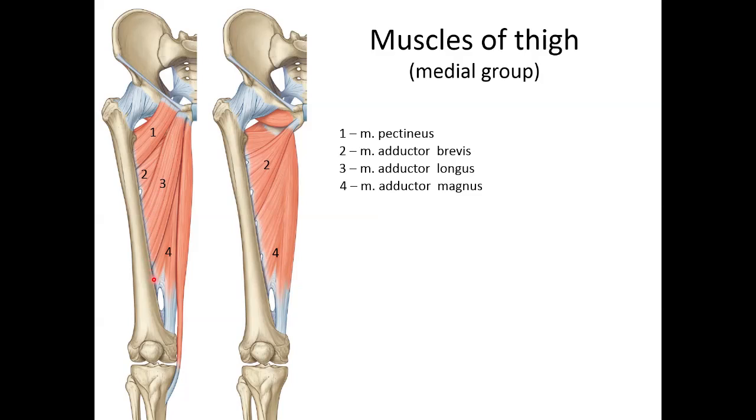Please pay attention that we can find it both on the anterior surface and, when we turn the cadaveric specimen to the back, from the back surface. So adductor magnus is a very large muscle.